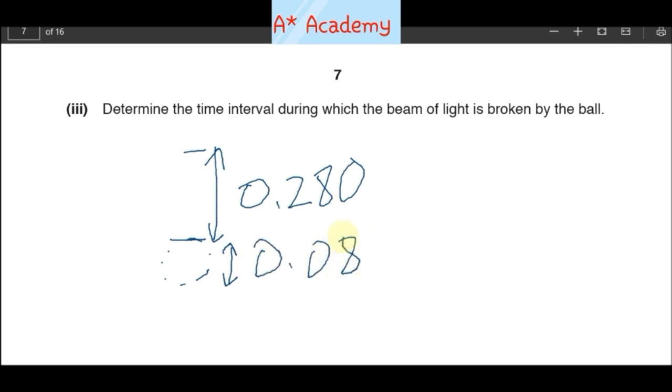Right, that's the time interval. That's what happens when the beam of light is broken.